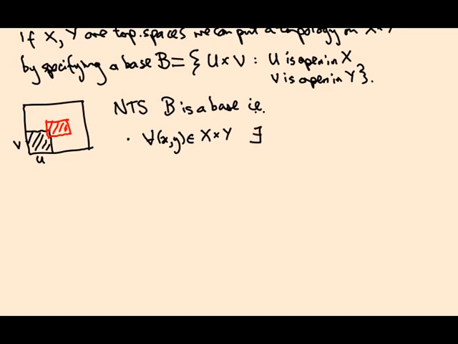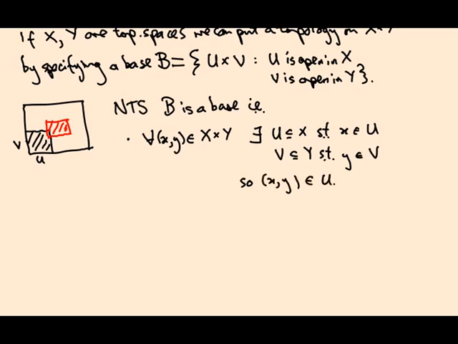Well, certainly there exists a u open in X such that x is in u, and a v in Y such that little y is in v. So (x,y) is in u times v.